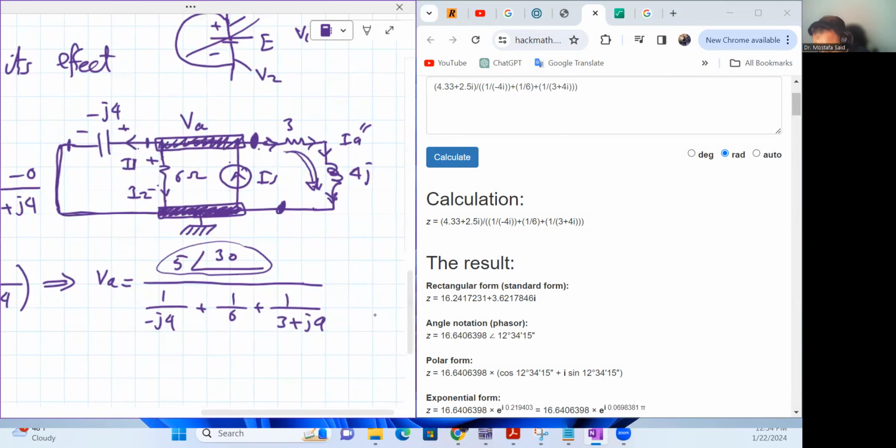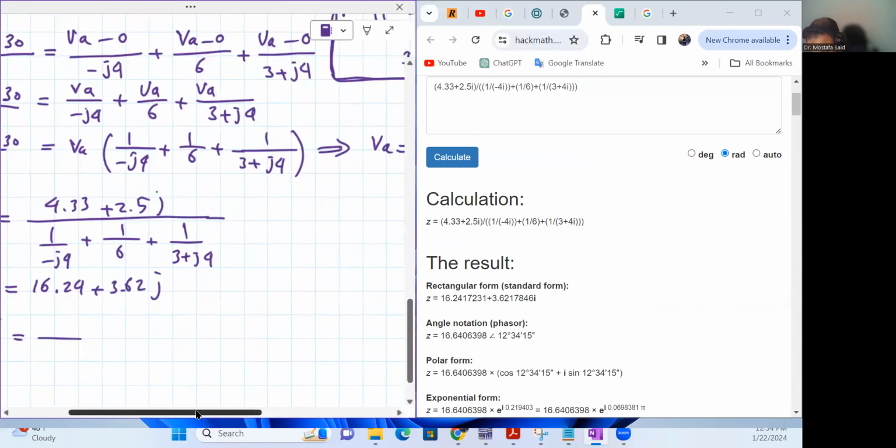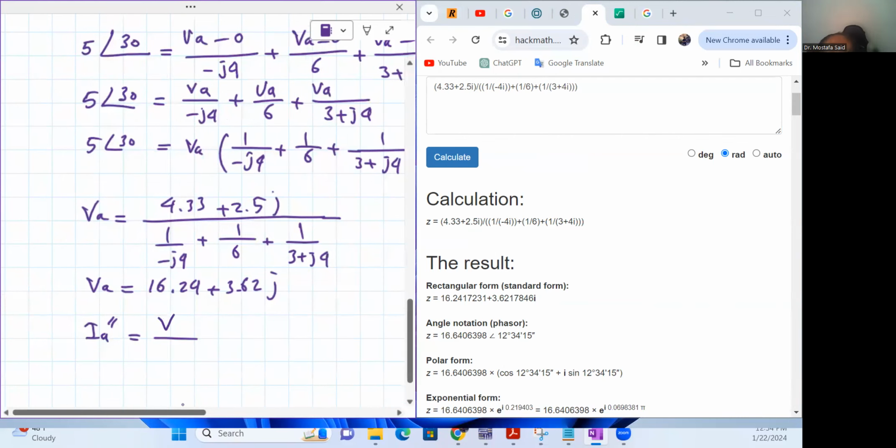So it's equal, as we said, to VA minus 0 over the total impedance, 3 plus j4, as we explained a few minutes ago. So it's equal to VA divided by 3 plus j4.